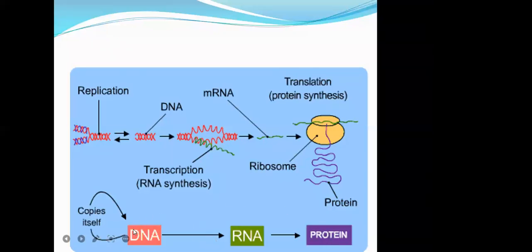The transcription of material from DNA to RNA is referred to as transcription, and it goes on in a process whereby there's a template of DNA where mRNA is formed, and from mRNA there is translation, that is the formation of proteins.